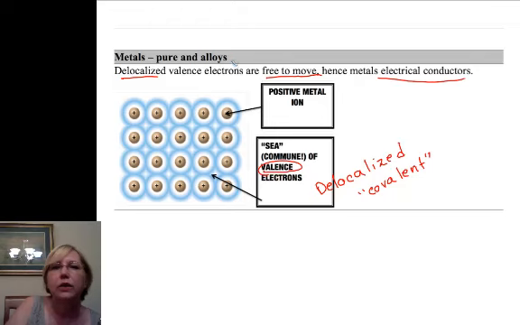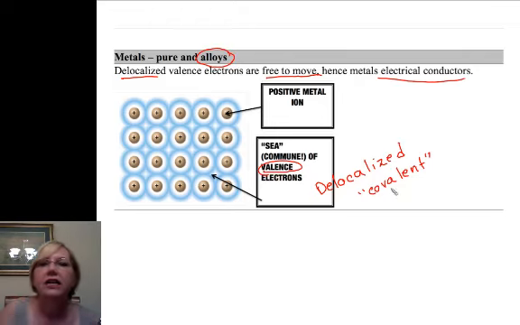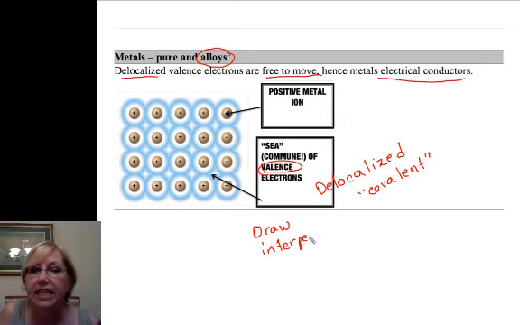And we'll talk about alloys in the second part of this two-part segment that we're going to end the semester with. So if you look at your objectives, and we need to look at those carefully, you need to draw representations of metals. You need to be able to interpret representations of these bonding structures.